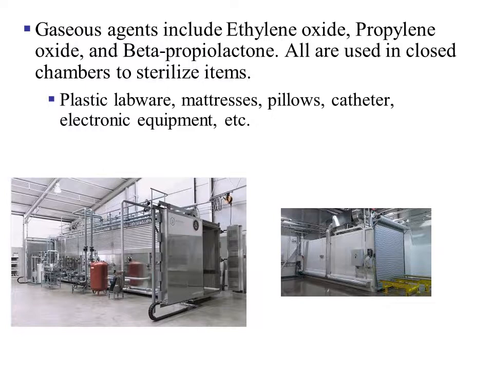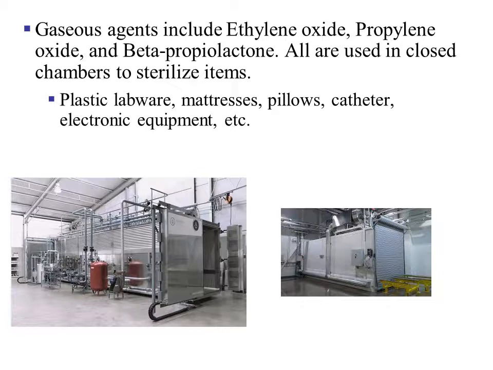We will talk about three types of gaseous agents: ethylene oxide, propylene oxide, and beta-propiolactone.